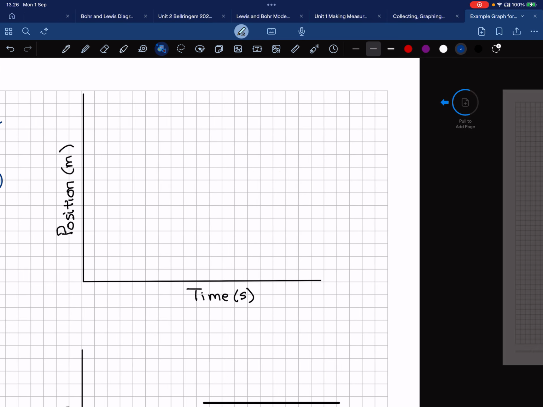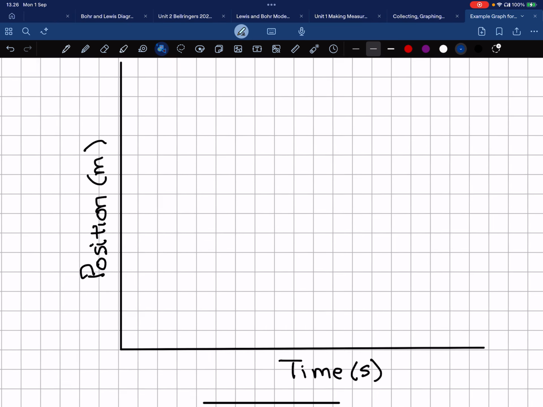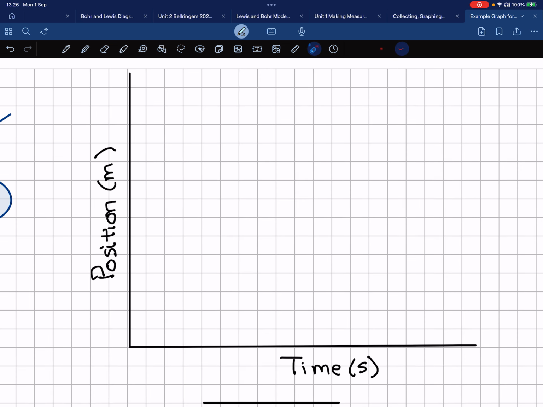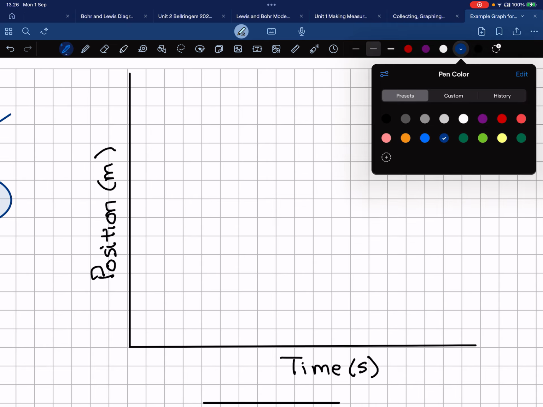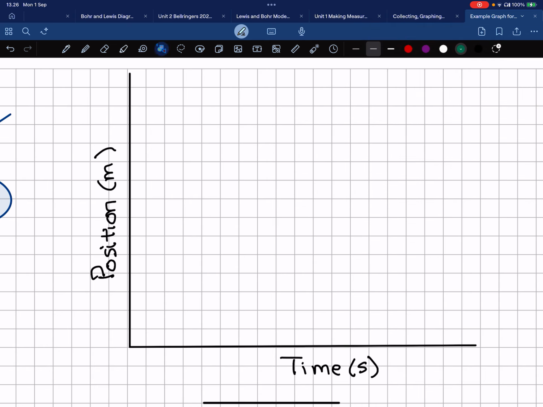Now, next example. Position, like position on a track, for example, or position in a room. This time, let's say that our position looks like this. And it started out at 5 meters. And this is going to be 0.